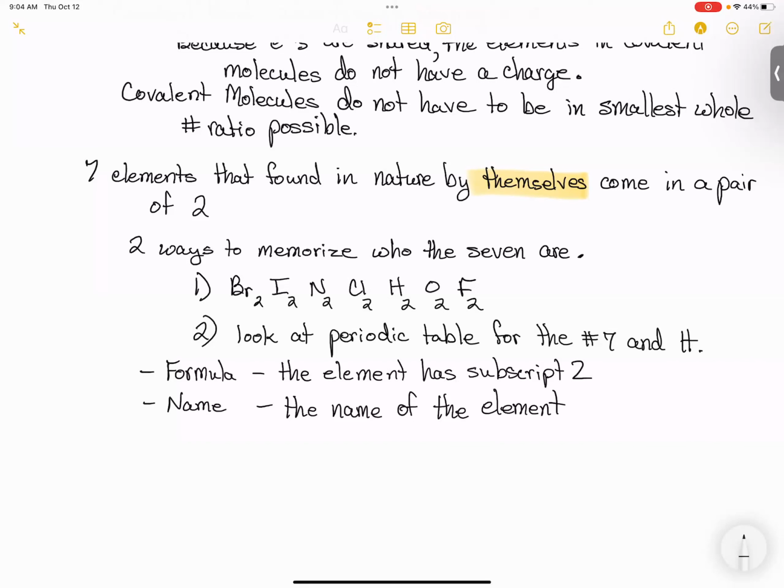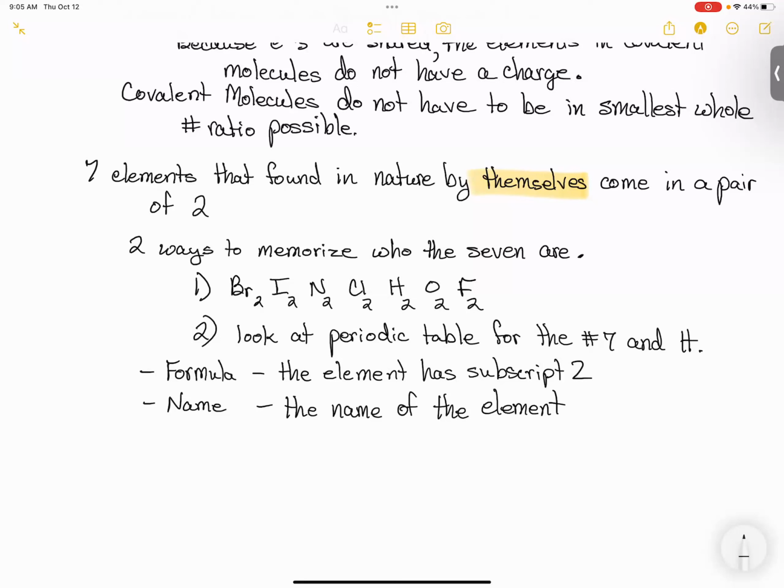That's all there is to the diatomics, is knowing who they are and realizing that their element name is the same as the formula, or is that formula with the subscript 2. More memory work.